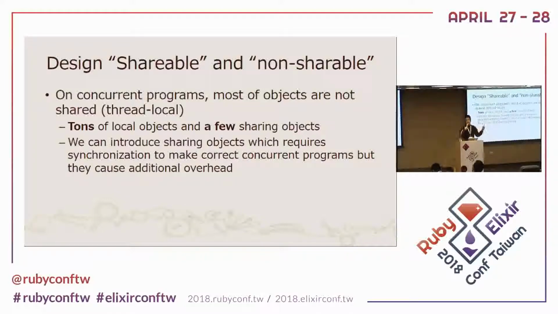Such synchronization introduces some overhead, but if we understand this is a small amount of shared objects, then maybe it is acceptable. And also, we need to track which is a shared object and which is a non-shared thread local object. So this guild idea supports such a separation, the recognition of shared objects and non-shared objects.